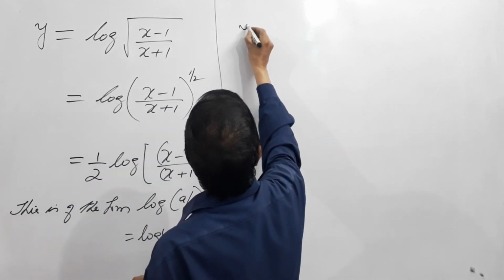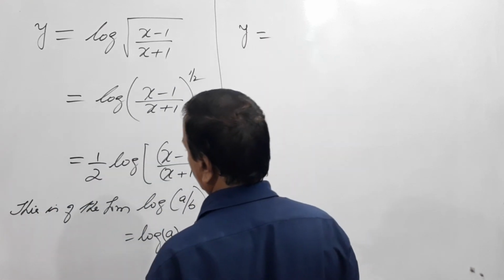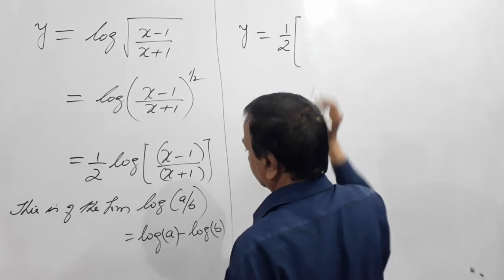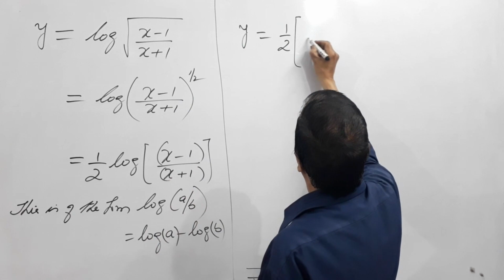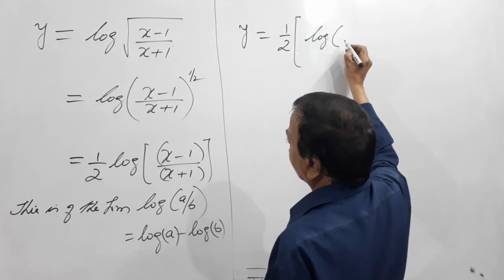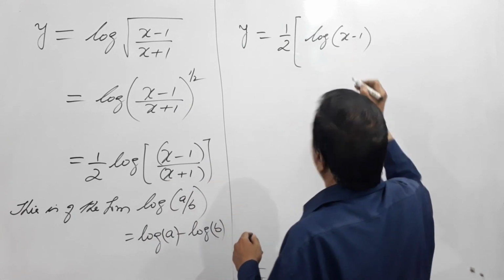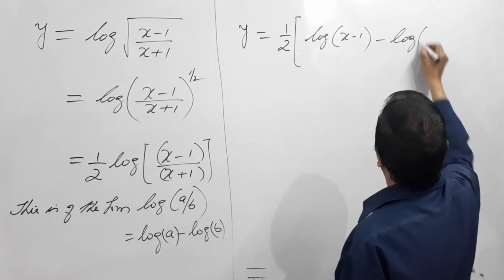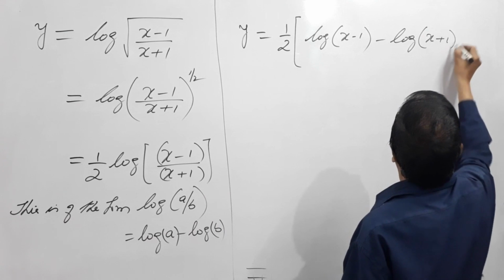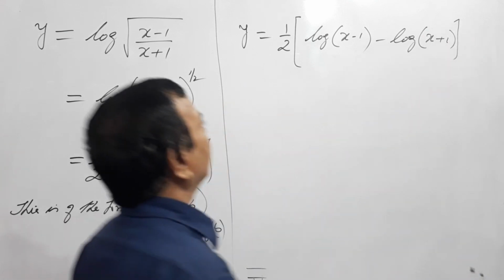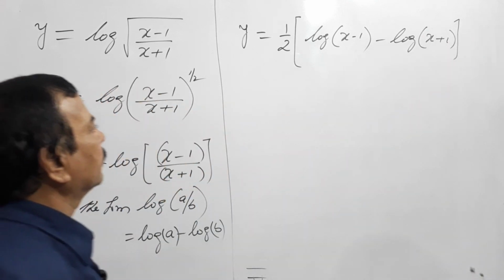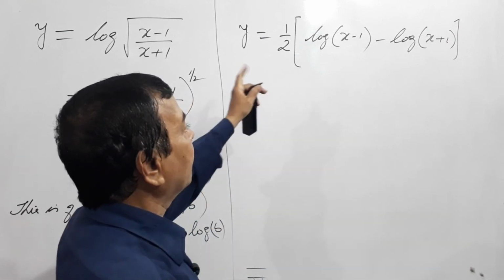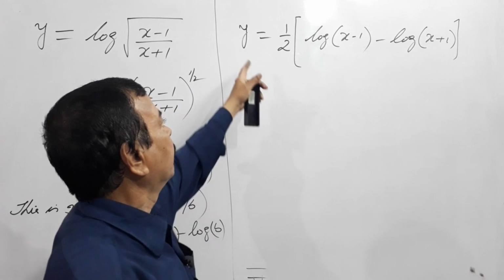So y equals what? Half, I take like this. This becomes log a. Log a is nothing but log of x minus 1, minus log b, that is x plus 1. Done? Okay. Now we have got this y equals to this one.